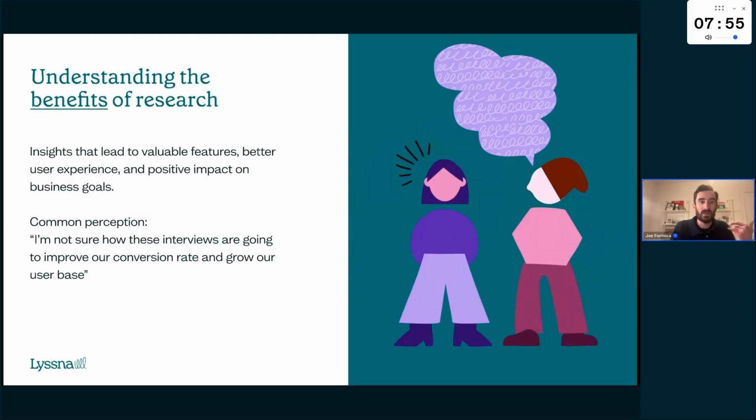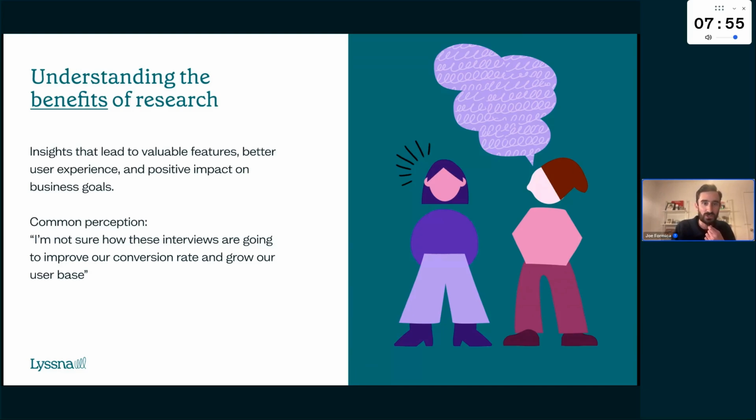Now, the benefits of research, if you're here and listening to this, this is probably one you have a pretty clear understanding of, but ultimately it's getting insights that are going to lead to improvements, right? A better product, a better user experience, a positive impact on business goals. Ultimately, if you're working on a product with users and consumers, this is something that is going to matter, right?